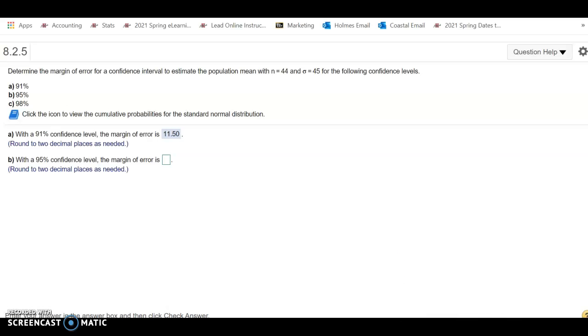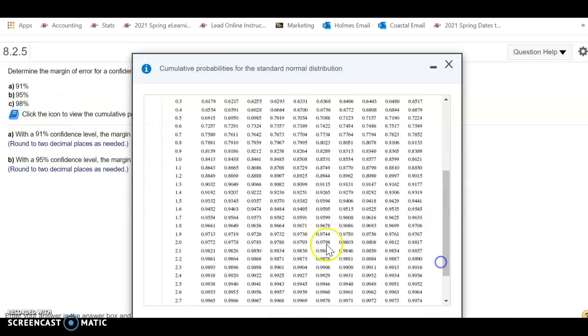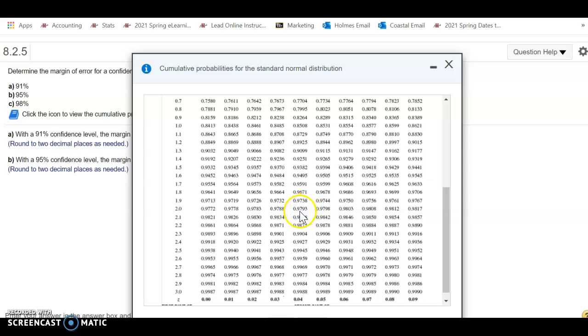So if I look up 0.975, 0.973 and 0.978, so it's going to be almost halfway in between these two numbers, and that's going to be 2.04 and 2.05, I think. Yeah, 2.04 and 2.05.